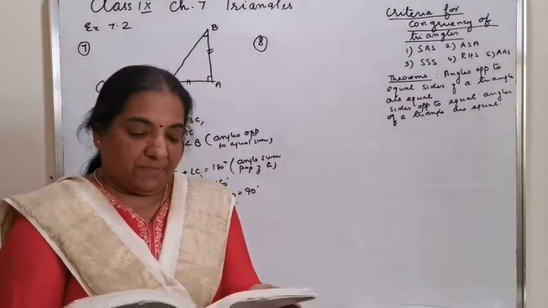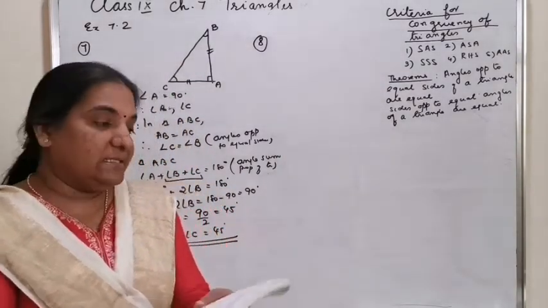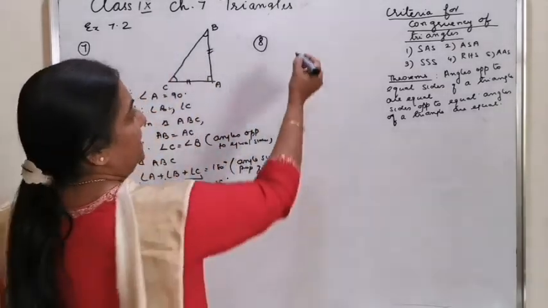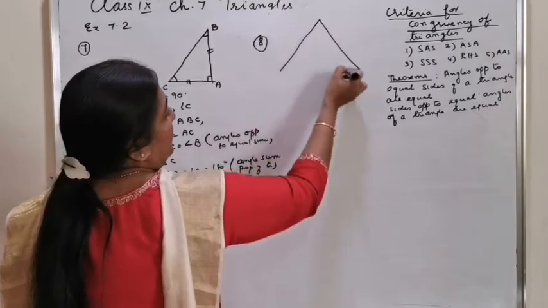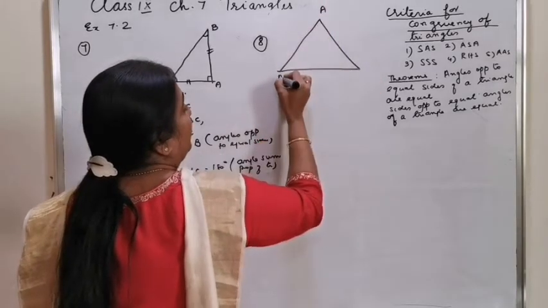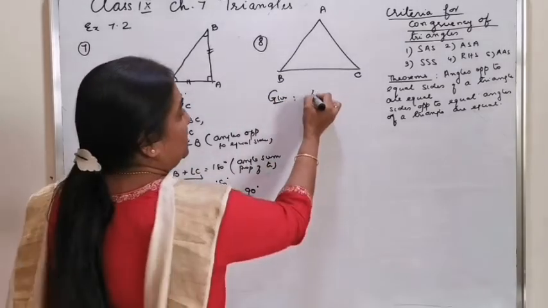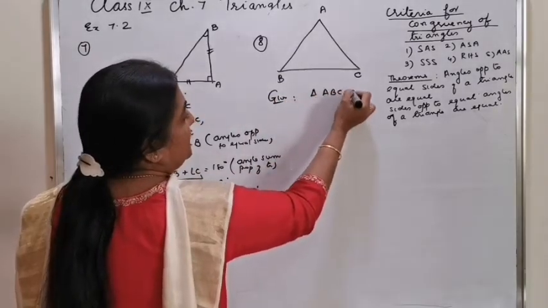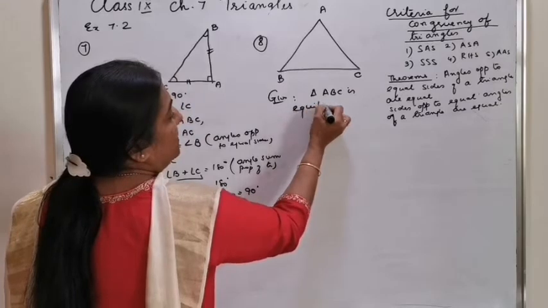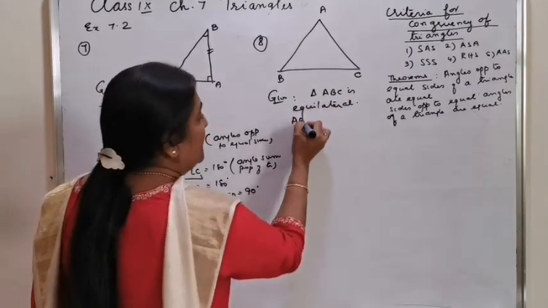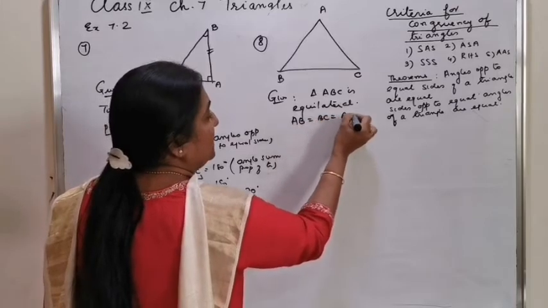Eighth question is, show that the angles of an equilateral triangle are 60 degree each. That means, given that triangle ABC is equilateral, which shows that AB equal to BC is equal to AC.